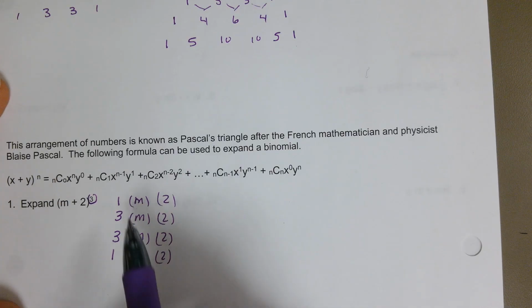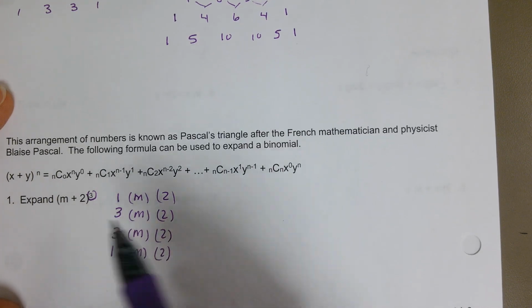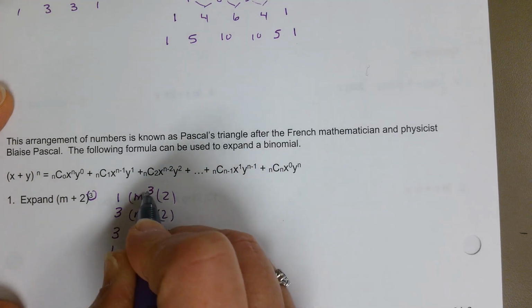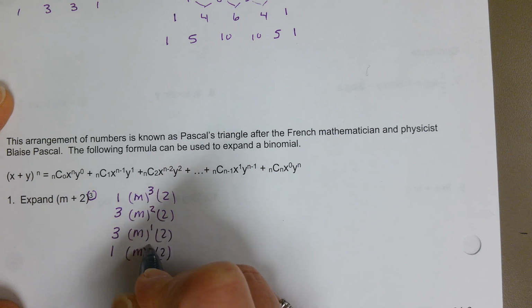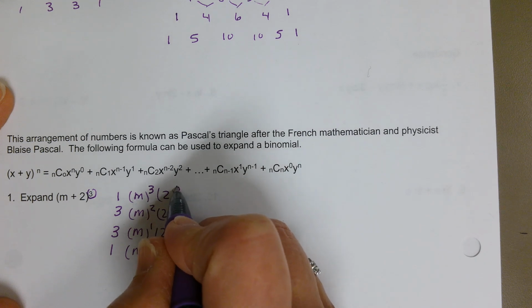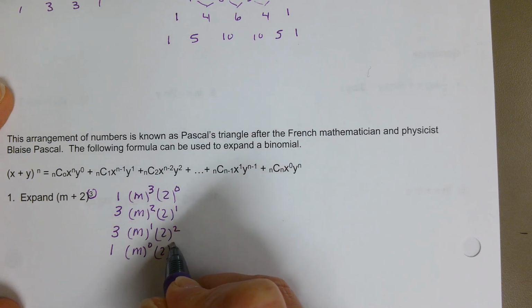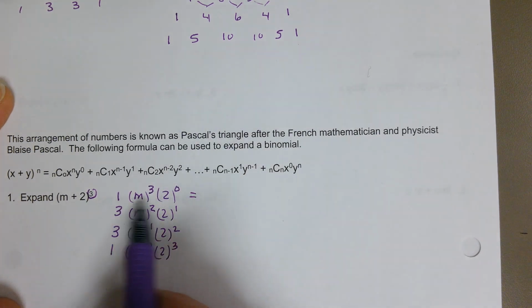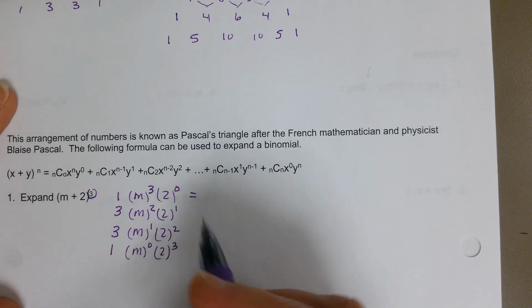Now our exponents on m will start high with the 3 and decrease, 3, 2, 1, 0, and the exponents on 2 will start with 0 and increase. Now we multiply 1 times m to the third times 2 to the 0.